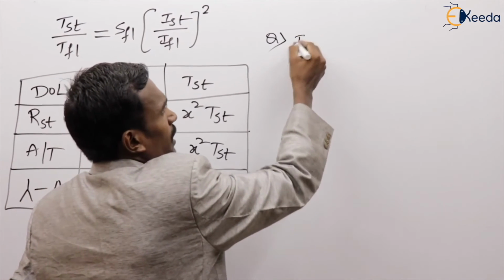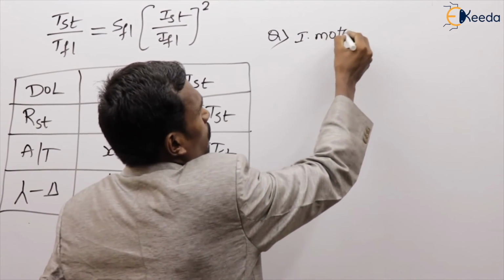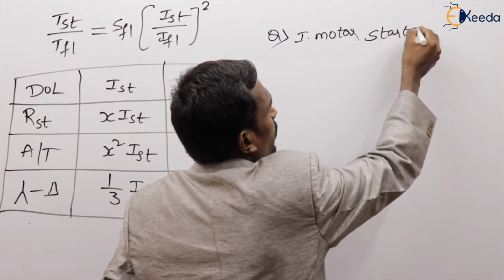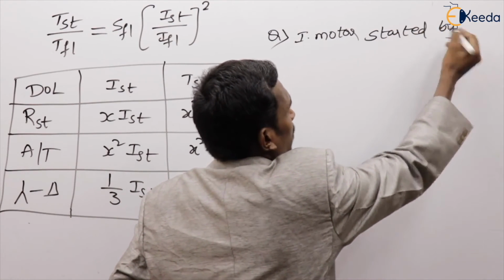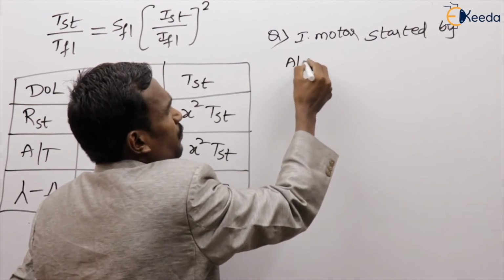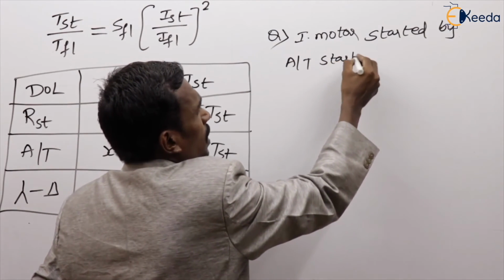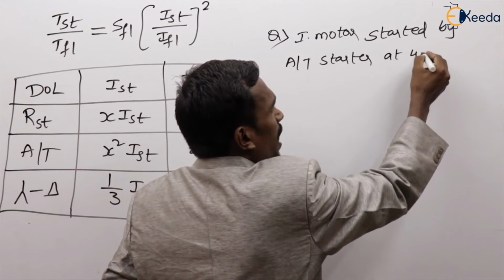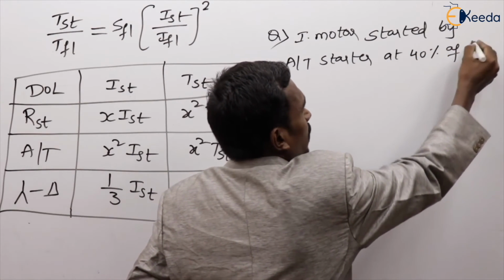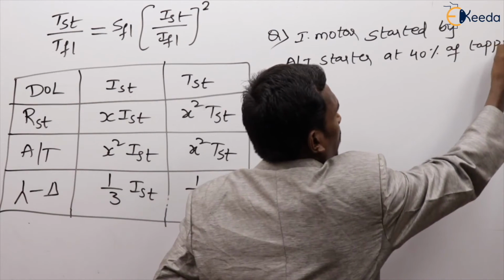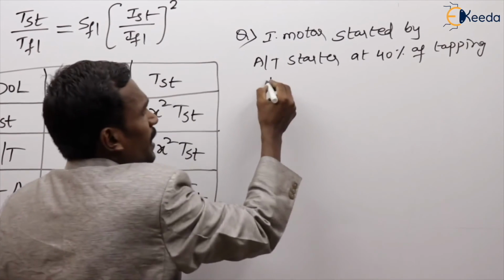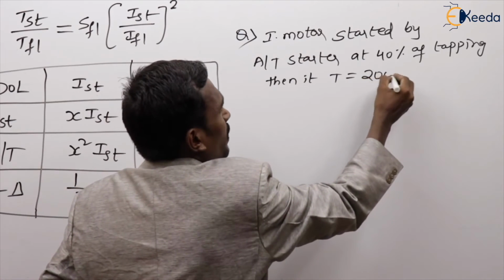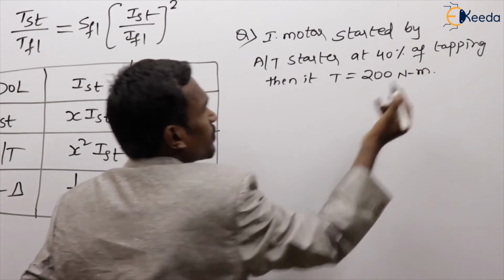An induction motor started by an auto transformer starter at 40% of tapping has a starting torque of 200 Newton meters.